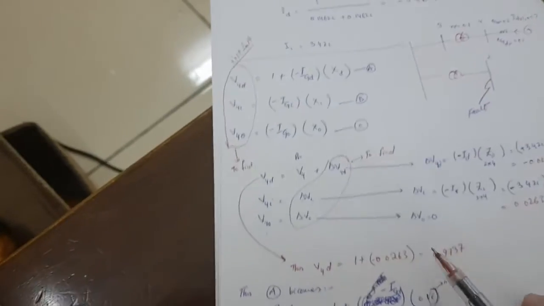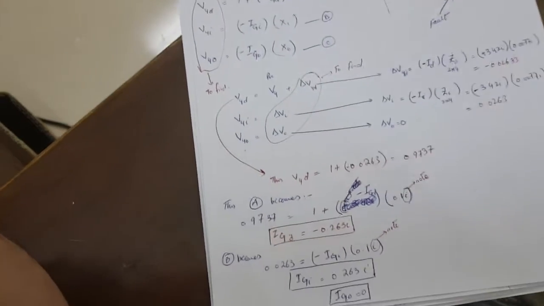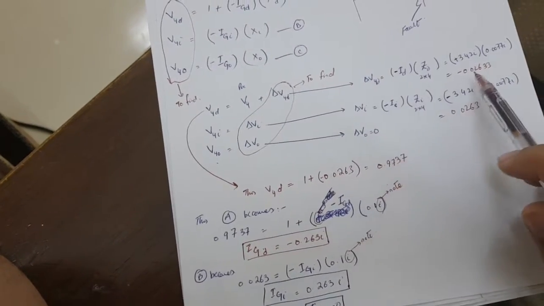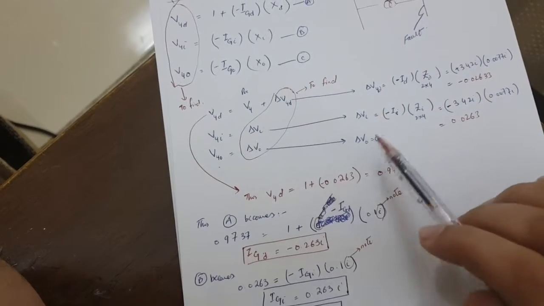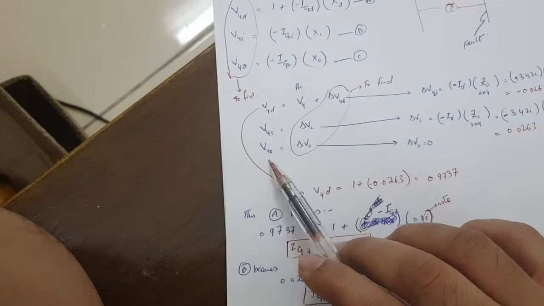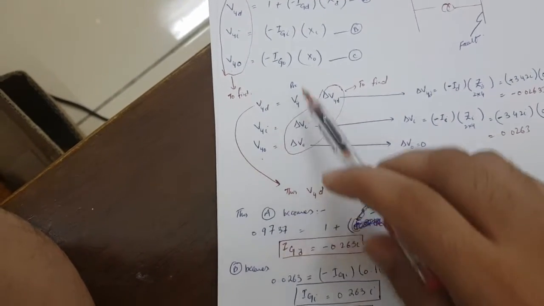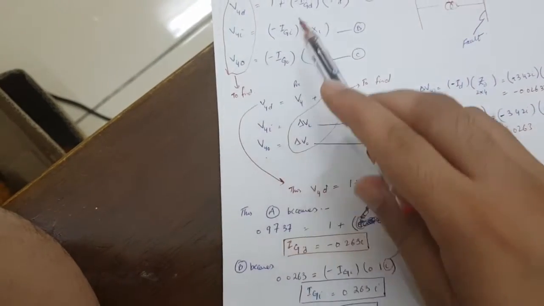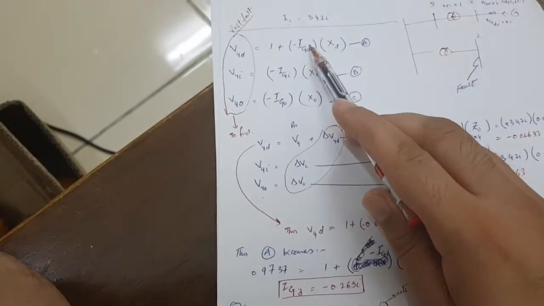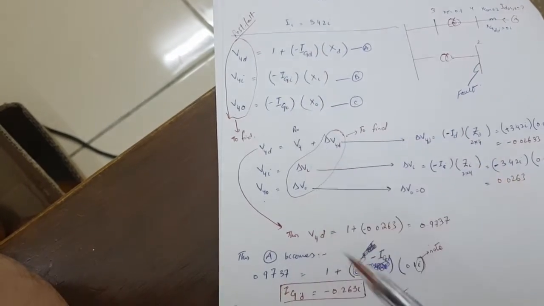So we find this parameter by putting these values of positive, negative and zero in this equation. We will find this one. So we put all these values in our required forms and we will find positive, negative and zero sequence.